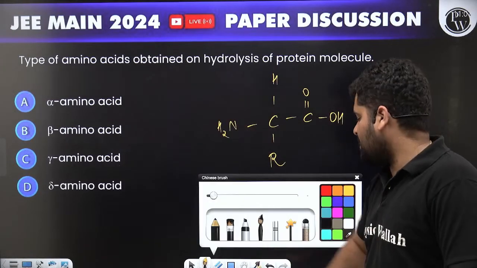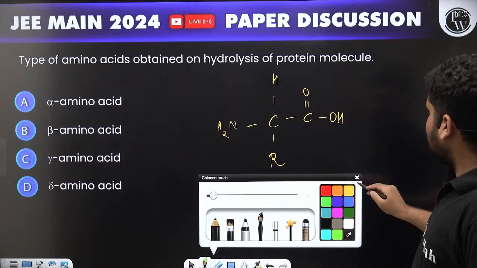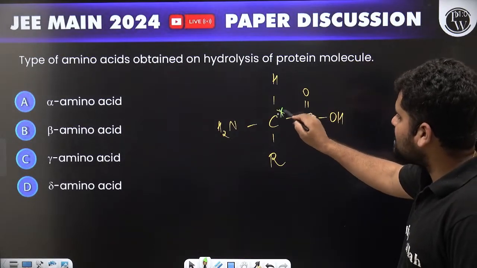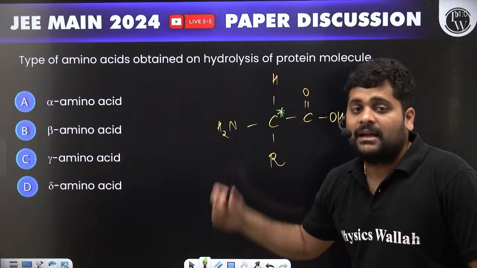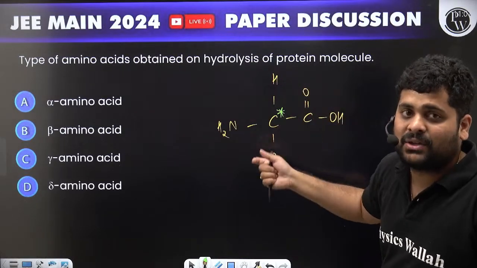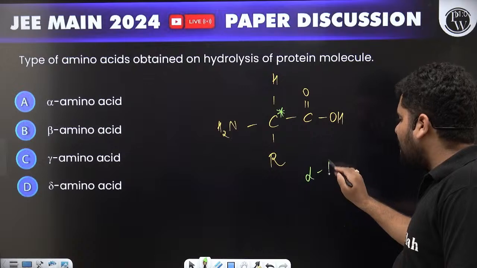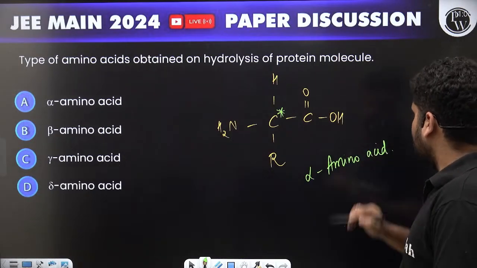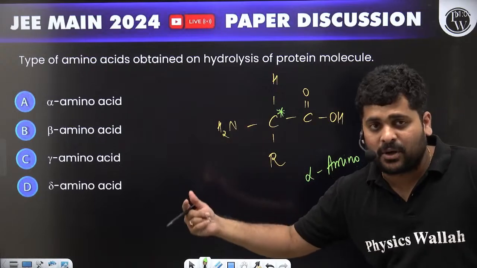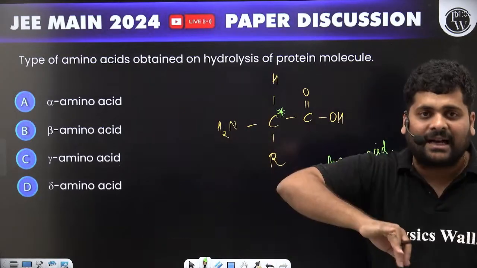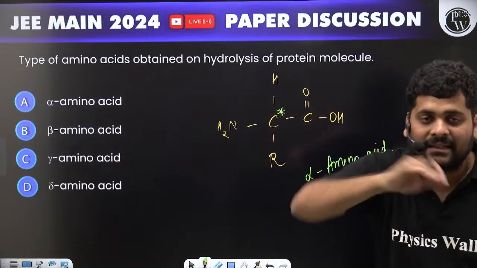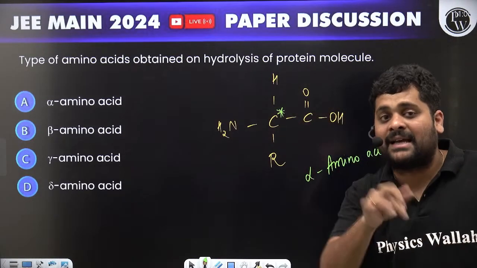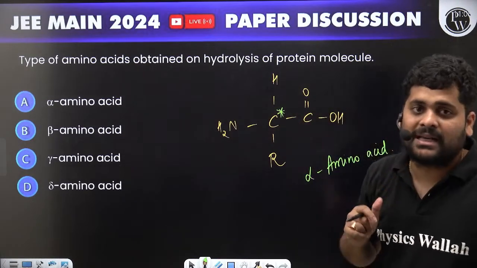So if the same carbon carries both the carboxylic acid as well as the amino part, that particular amino acid is going to be called an alpha amino acid, right? What is beta, sir? If one carbon has the carboxylic acid and the other carbon immediately after that carbon has the amino group, then it is going to be called a beta amino acid.